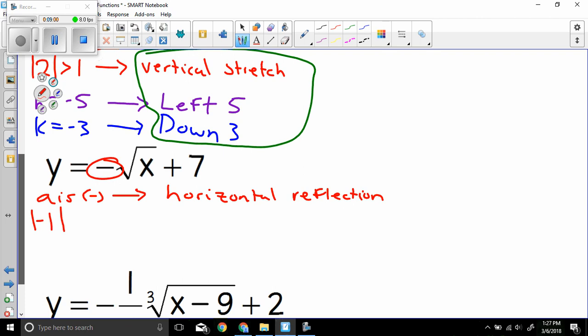Absolute value of 1, is it bigger or smaller than 1? Well, it's actually equal to it. If it's equal, then there's actually no stretch and no compression. Because there's none, we actually don't even state it. We don't state anything. Okay, so I've talked about that. Then I look over here, and I'm looking at my positive 7. This is outside the square root, so that must mean that it's a K value. If it's positive, then it must go up.